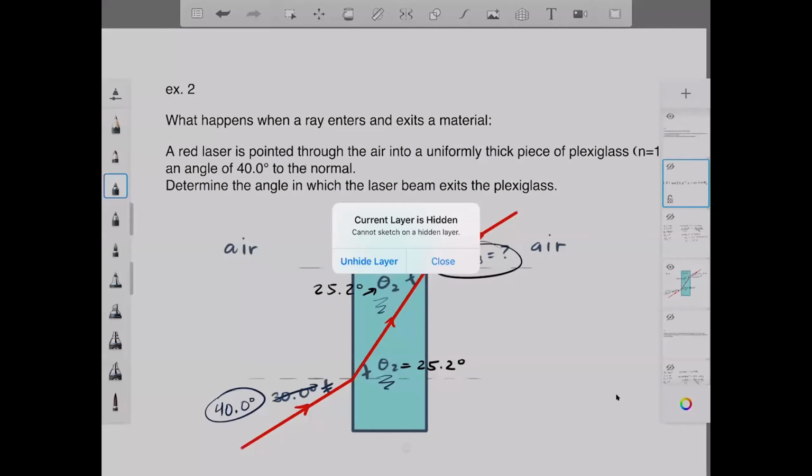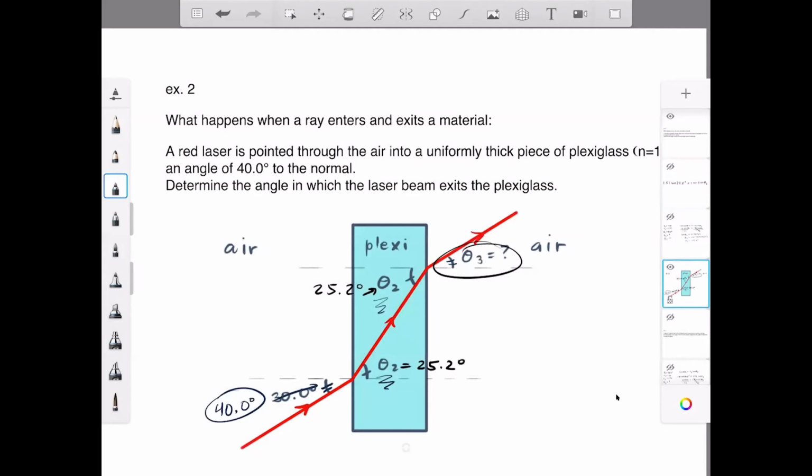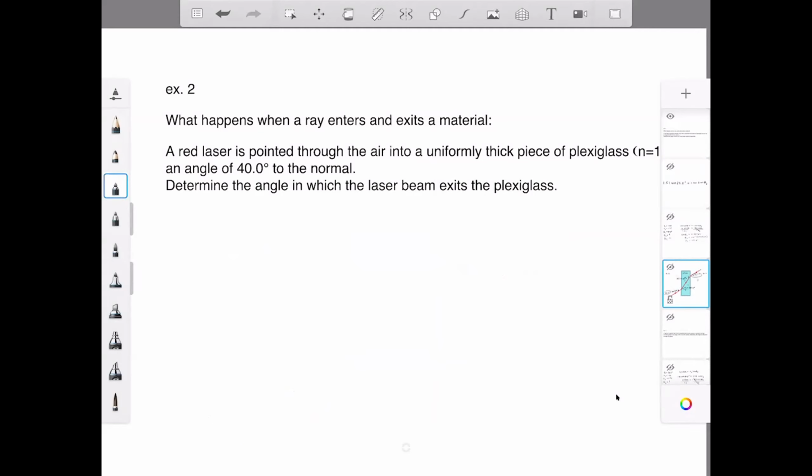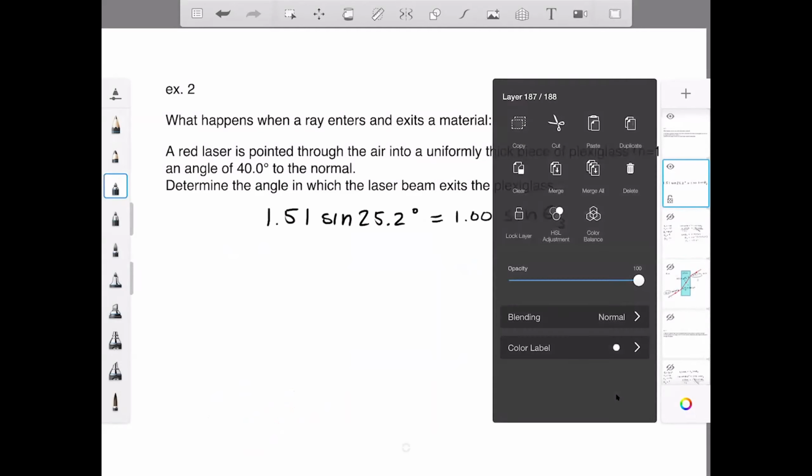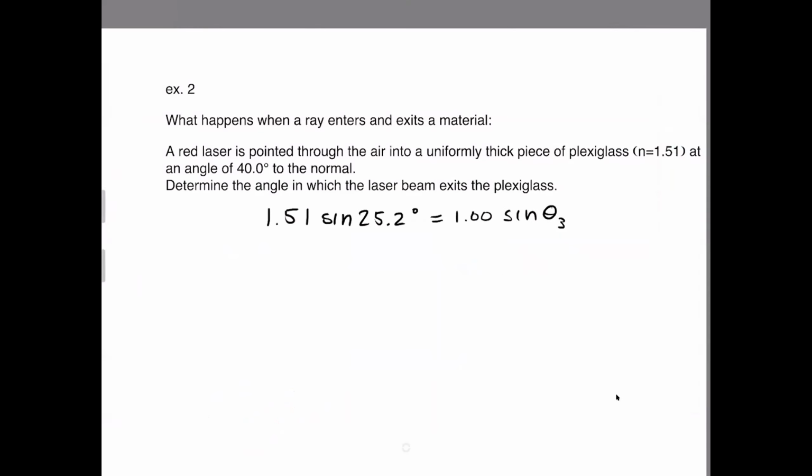Over here, we're going to have our first material, and over here, we're going to have our second material, our incident and our refractive. Okay. The incident material has an index of refraction of 1.51. All right, so we're going to go ahead and apply the same thing.